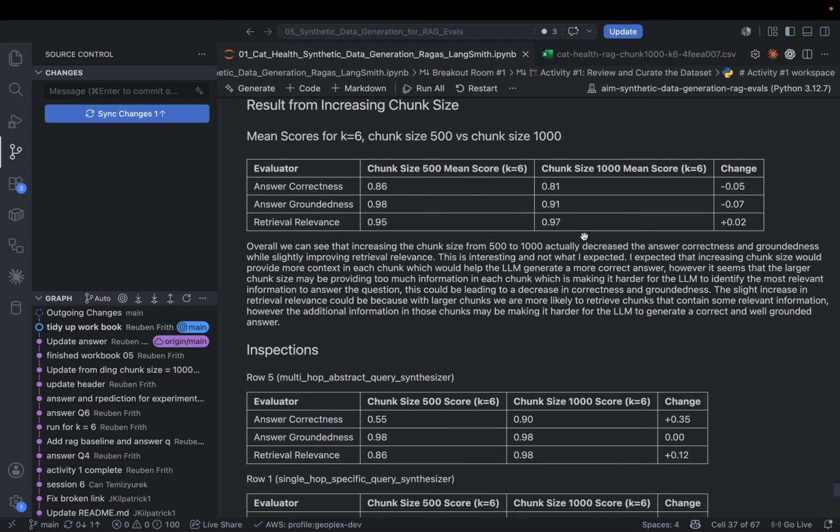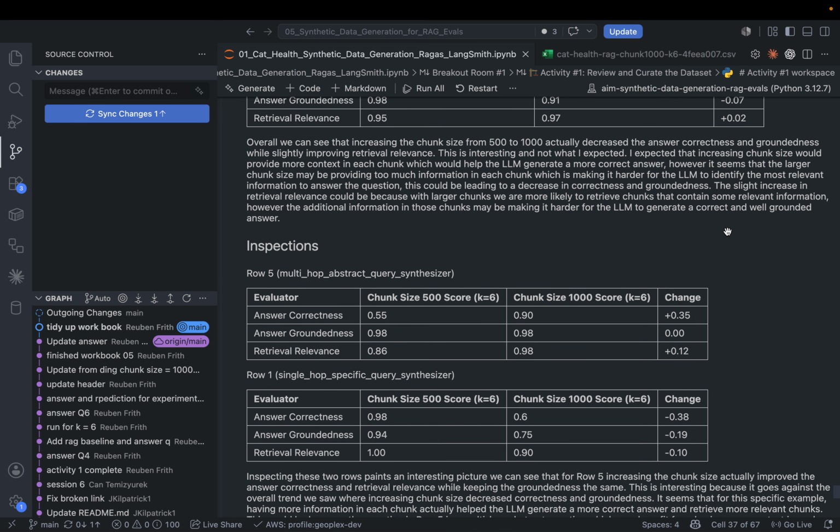So here we can see that the answer correctness, there was a slight decrease on average, and the groundedness slightly decreased, but the relevance, a tiny increase, I would say, overall.